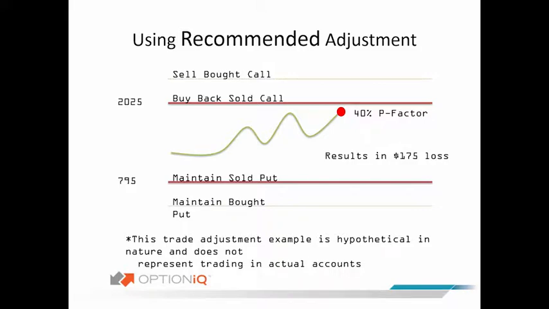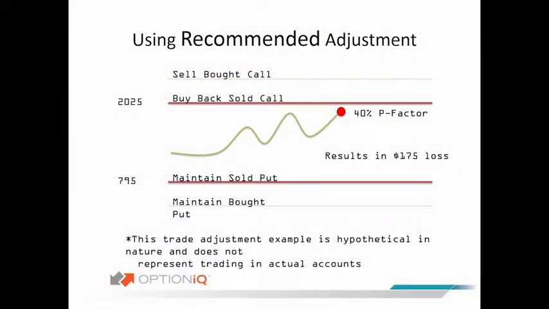So by just closing out the entire trade, we are going to lose a little bit more. If we choose to just exit the side of the trade that's under pressure, we're going to lose a little bit less. So here's an example of about a $25 smaller loss.